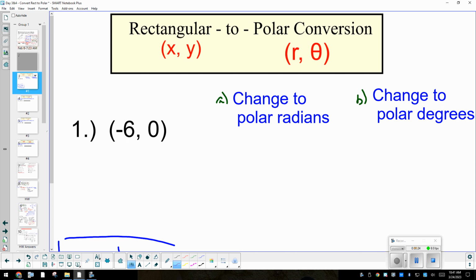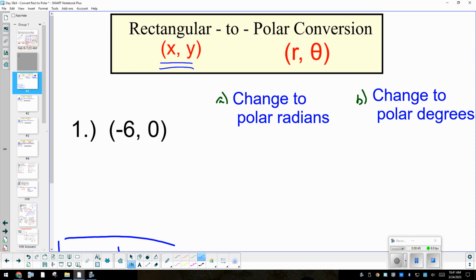One of the biggest things that you want to make sure you do is read the directions carefully. I know I don't have any fancy directions here, but we are converting from rectangular to polar, because the two points, when they're written down, can look very familiar.